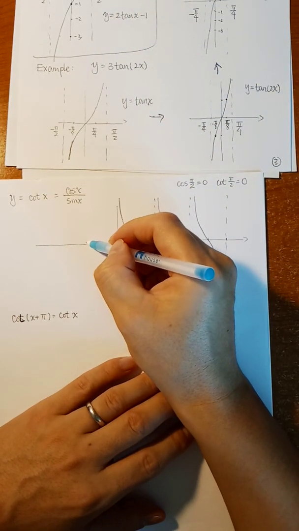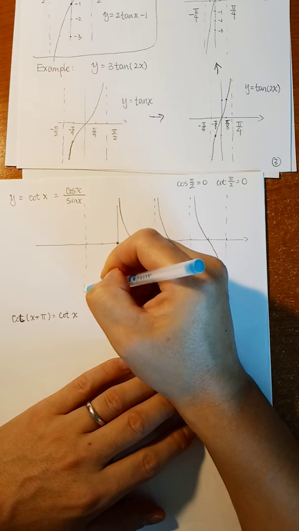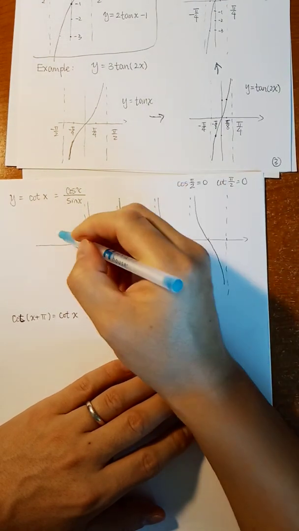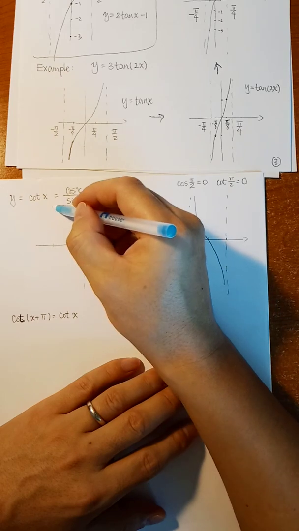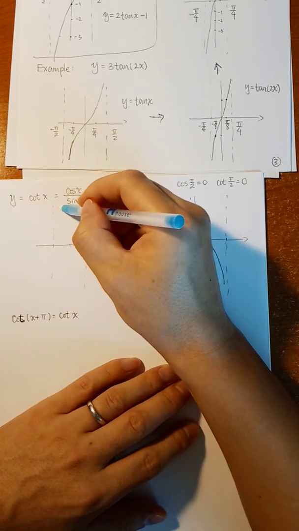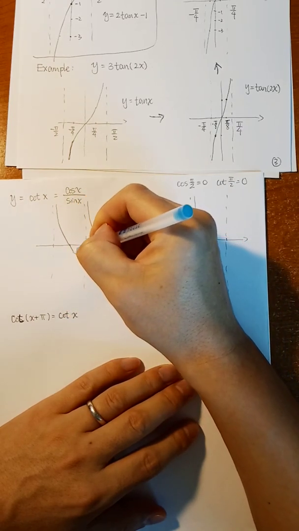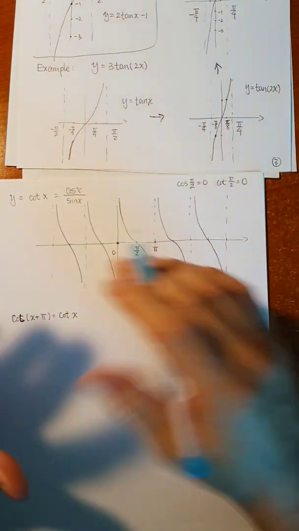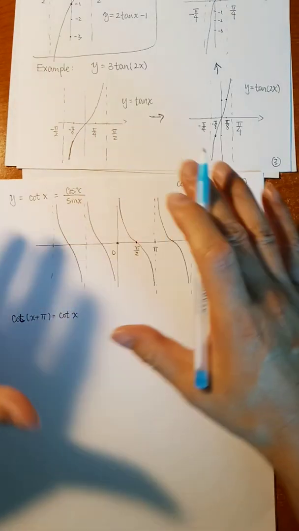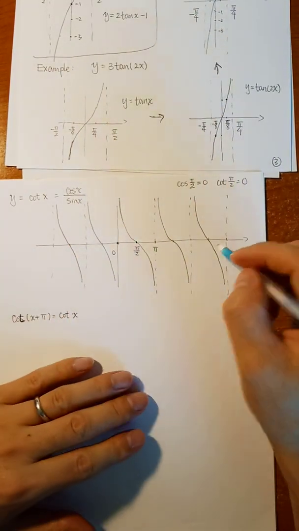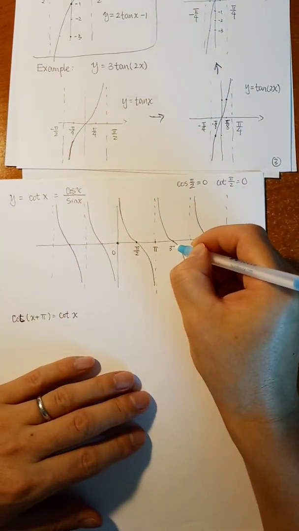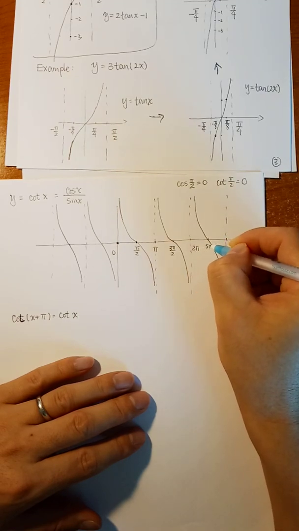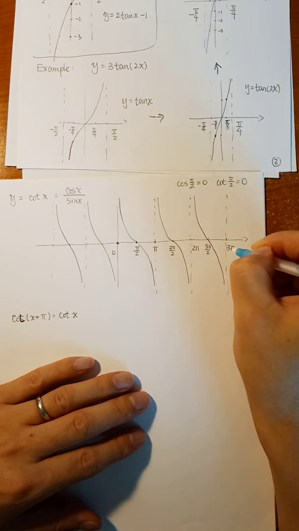Here is a similar thing. Okay, so this is the graph. There are infinitely many curves. So it's 3 pi over 2, and 2 pi, 5 pi over 2, 3 pi.